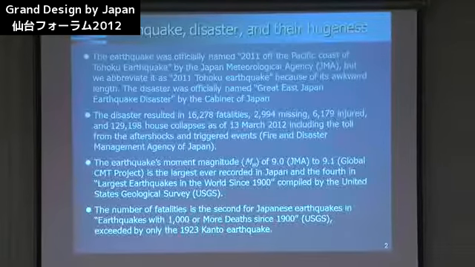It is the largest ever recorded in Japan and the fourth largest in the world since 1900, as compiled by the United States Geological Survey. The number of fatalities is second among Japanese earthquakes with 1,000 or more deaths since 1900, exceeded only by the well-known 1923 Kanto earthquake.